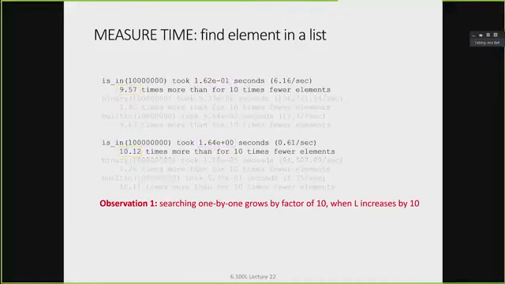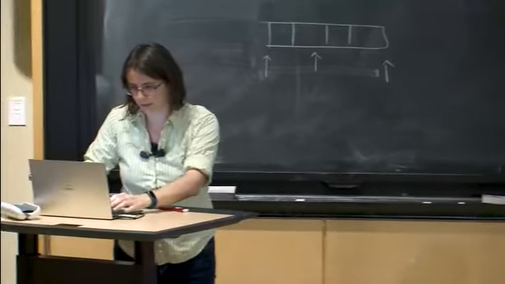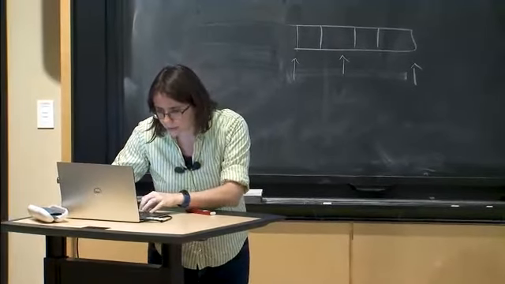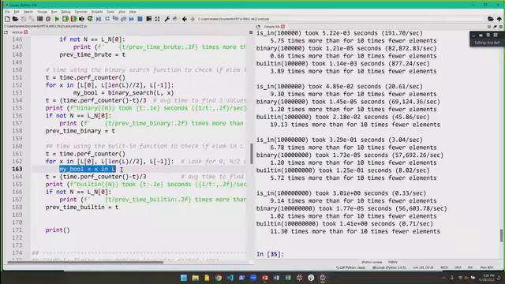Next, let's look at the built-in function. We'll worry about the binary one later. The built-in function, so just using the in operator, and you see this was down here. So basically the function I'm running is purely just asking whether x is in L, and that returns true or false.